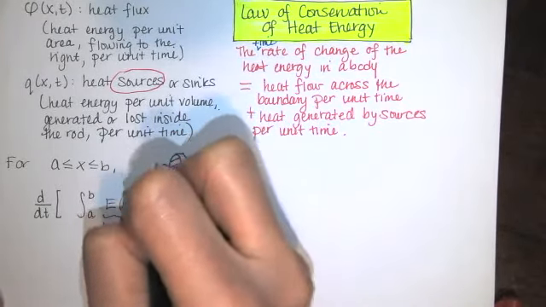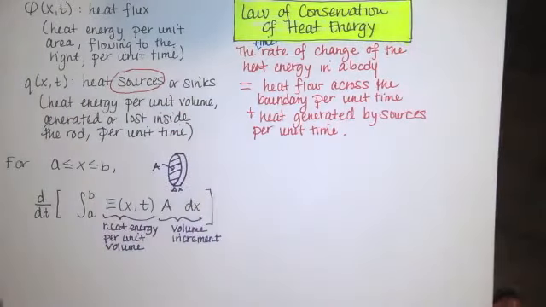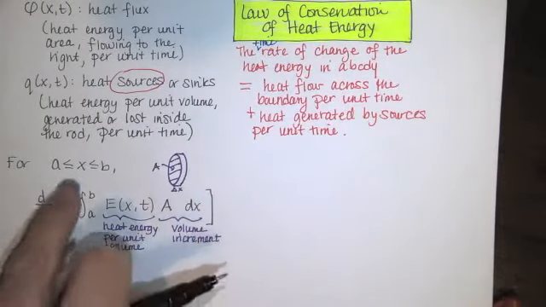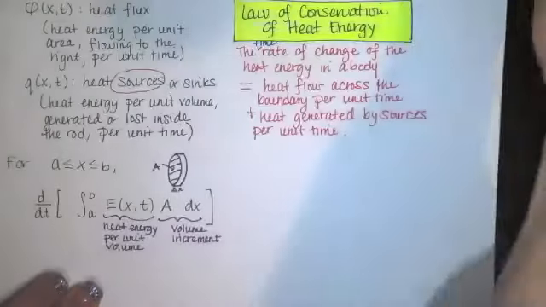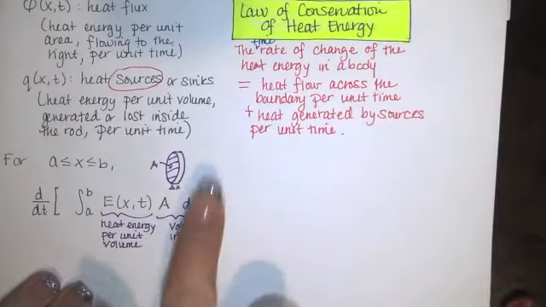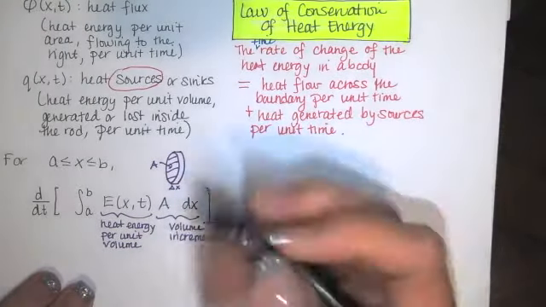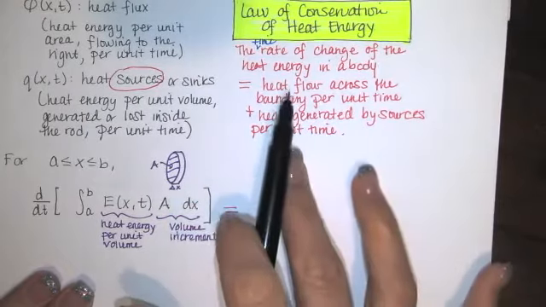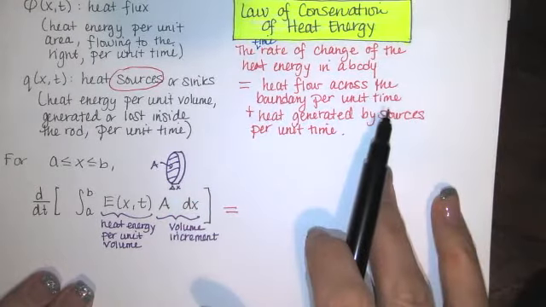It's that area times delta x giving us the volume of that little slice. So we're taking heat energy per unit volume, multiplying by volume, and getting a total heat energy between x equals a and x equals b. Again, that's right here inside our rod. And we're saying the derivative of that with respect to time is equal to, what does the law of conservation of heat energy say? Heat flow across the boundary per unit time.